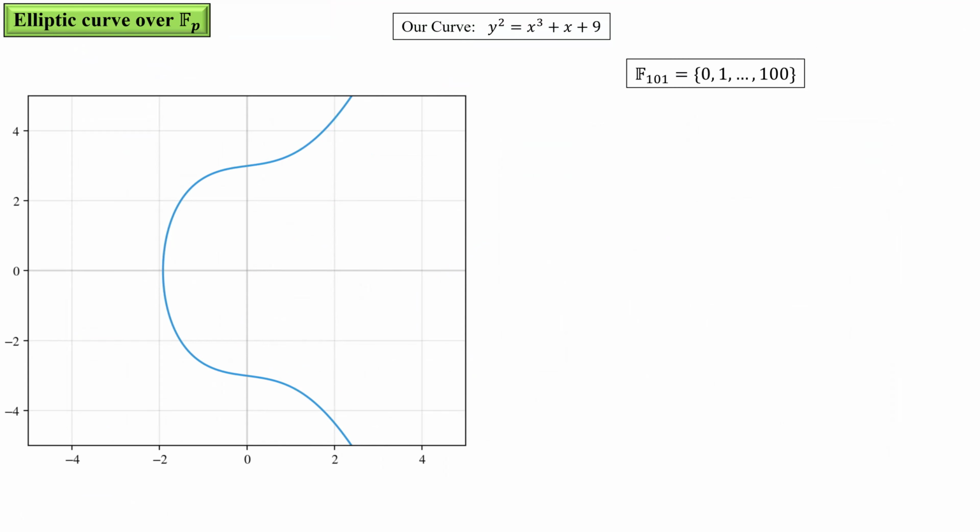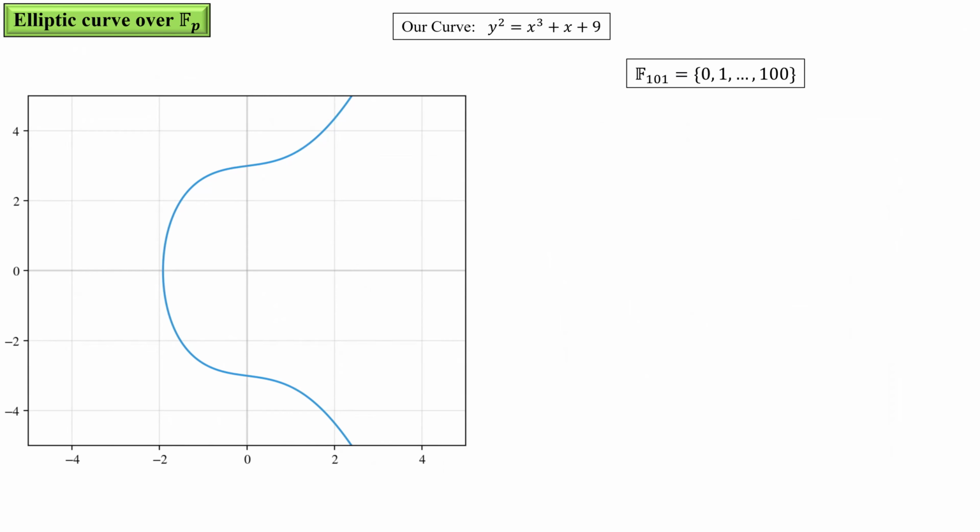To switch to discrete form, we want to discuss the elliptic curve over a field F sub p, and we will work with F sub 101 as an example.